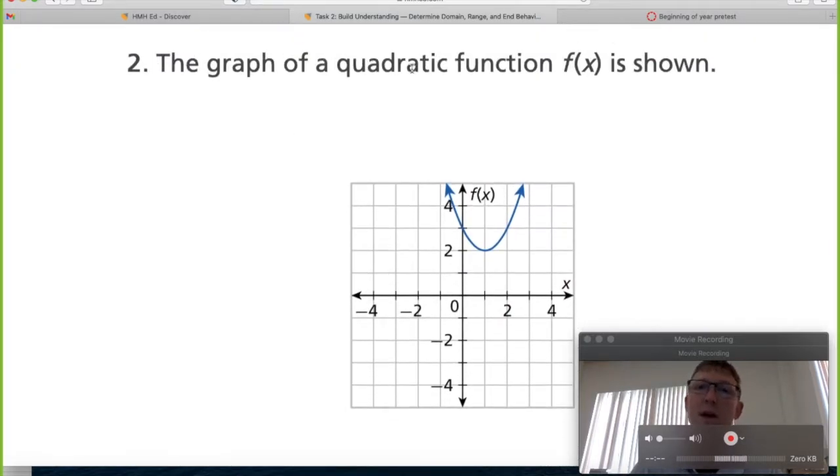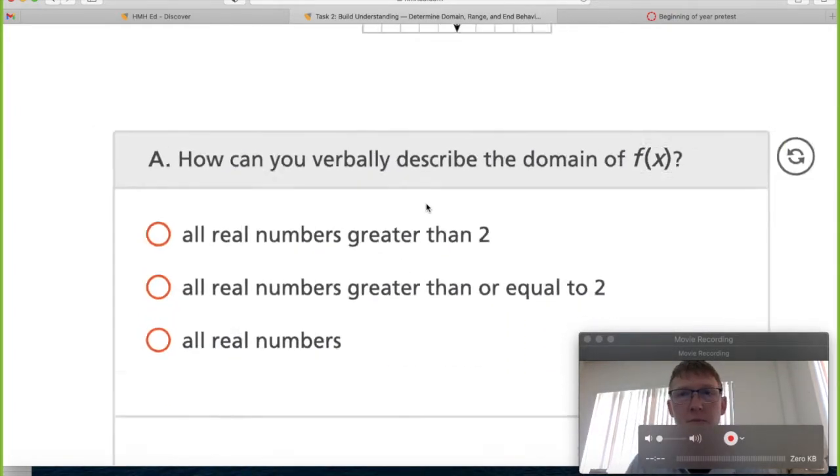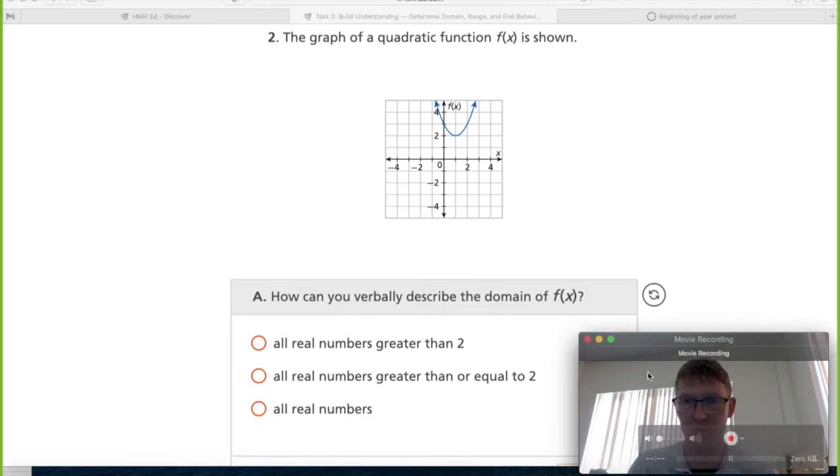The graph of a quadratic function, so that's like x squared plus blah, blah, blah type of function, is shown. So there's our function. We're just going to go through domain, range, and end behavior, right?